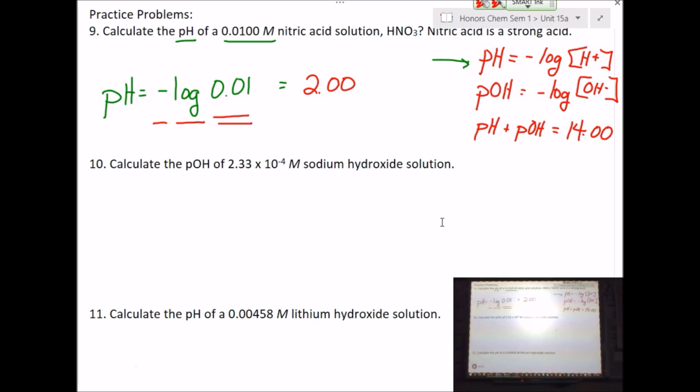Now, when writing down pH and pOH values, this is really important. Be sure that you always, always, always show 2 decimal places. There are no sig figs with pH and pOH. Okay? So again, whenever writing pH or pOH, always show 2 decimal places. Don't show more, don't show less. What's in front?